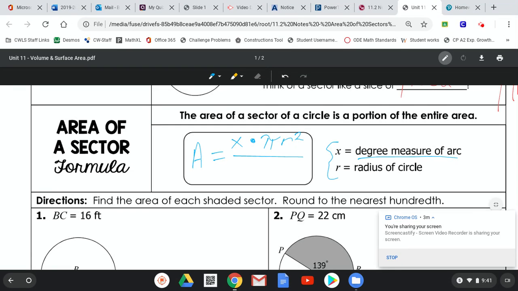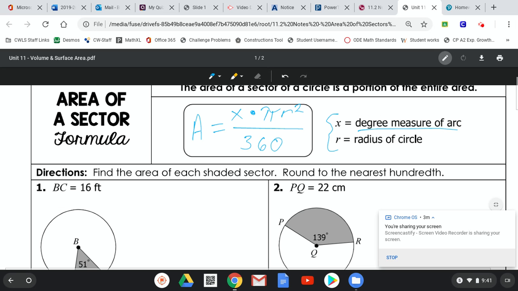Pi r squared is just the area of a circle. So we're taking the degree measure, multiplying it by the area of that circle, and dividing it all by 360. Hopefully that looks similar to the arc length, but remember, this time we're looking for the sector, not the section of the outside part of the circle. We're looking for that slice of pizza, okay?